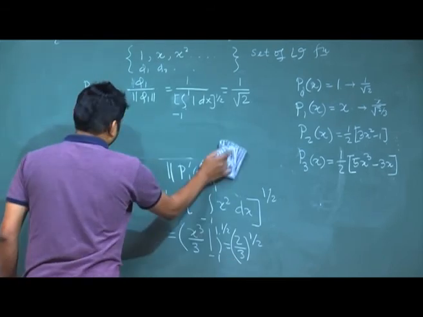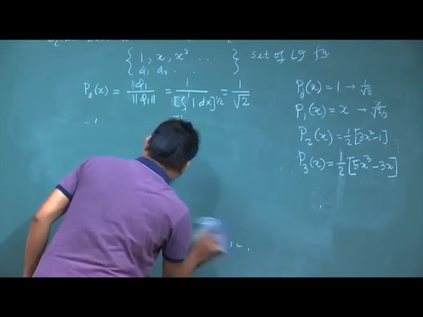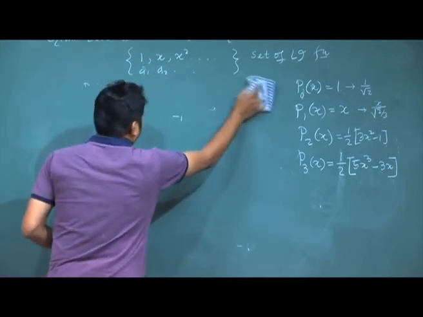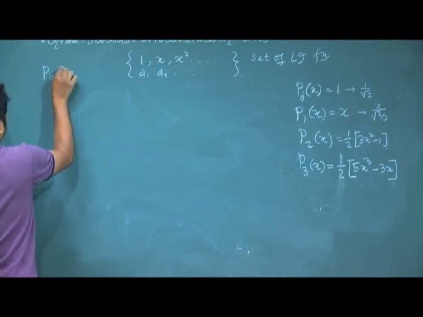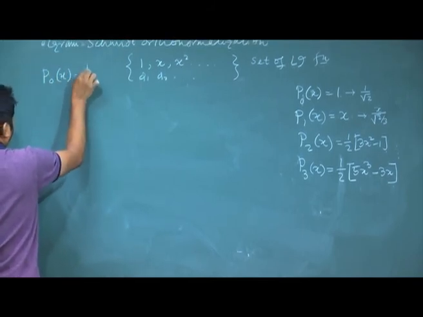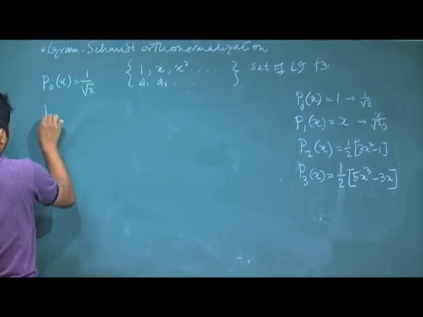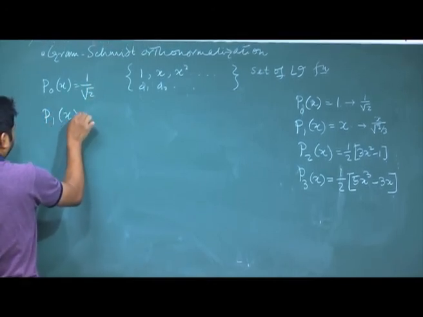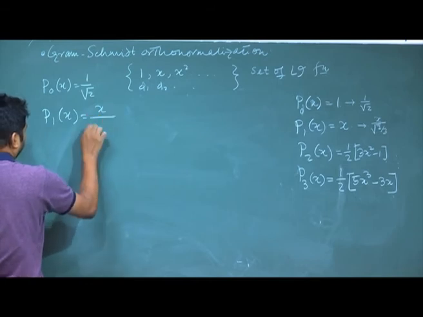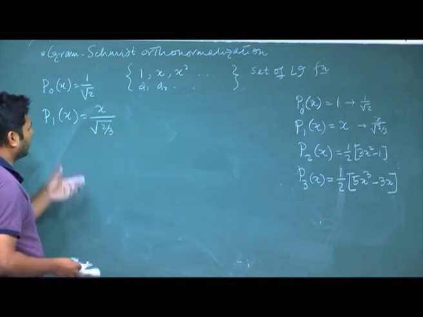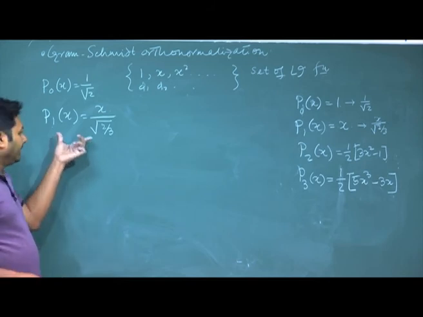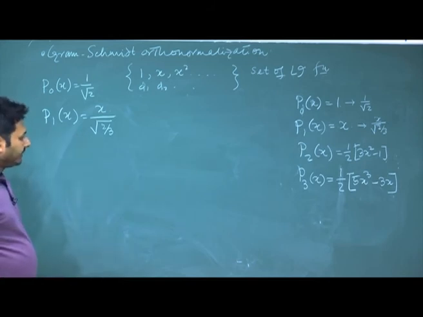So, finally, let me write it here on the right side. p0 x I have as 1 over root 2, and p1 x I have as x divided by root of 2 by 3. This is my second term. In a similar way, I can find the third term.